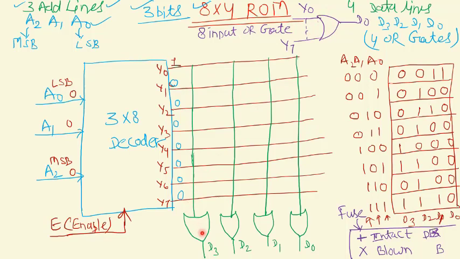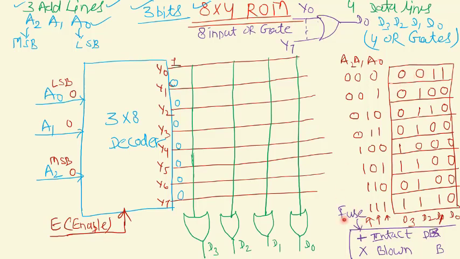So similarly, this is 8 input, this is 8 input, 8 input and 8 input. So Y0 is 1, so it means Y0 is also connected to D3, D2, D1 and D0. So it means all D0, D1, D2, D3 will be 1, 1, 1, 1. But for this memory location, only D0 and D1 are 1, and D2 and D3 are 0, 0.